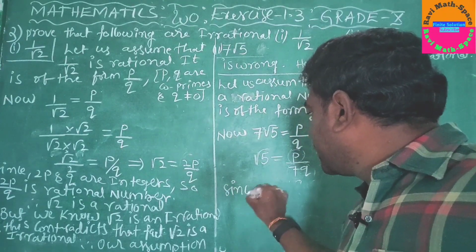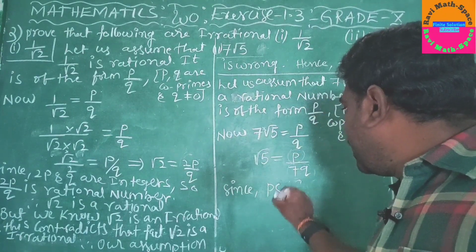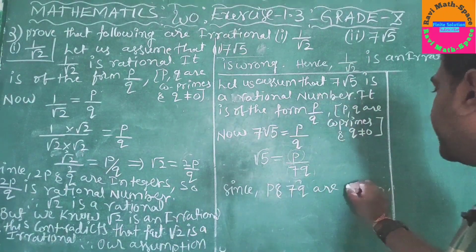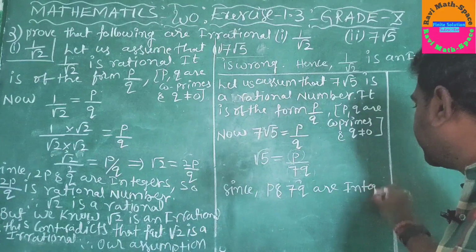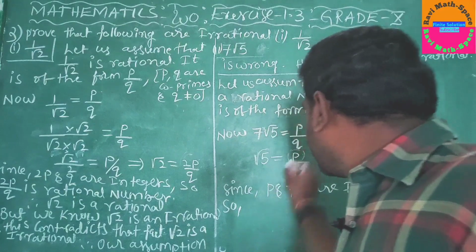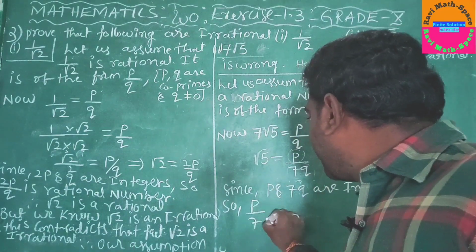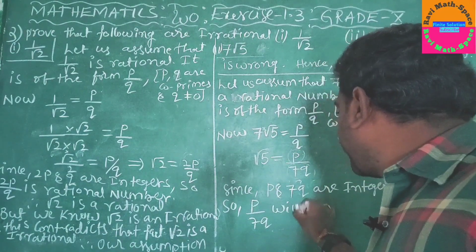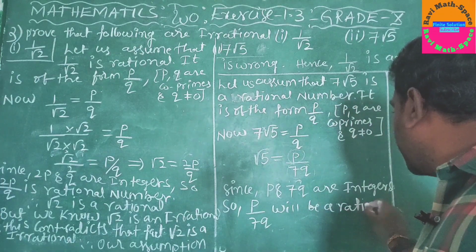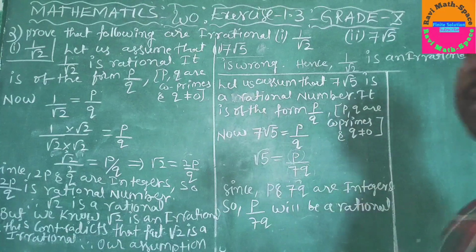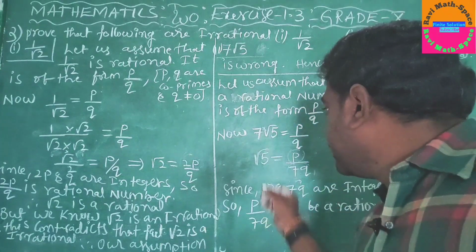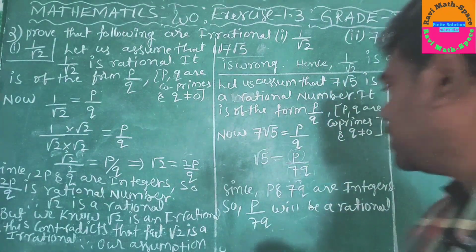Since p and 7q are integers, p by 7q will be a rational number. So this part is rational, which means automatically root 5 is also rational.